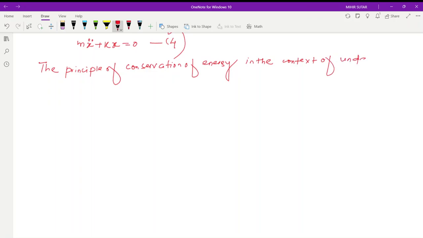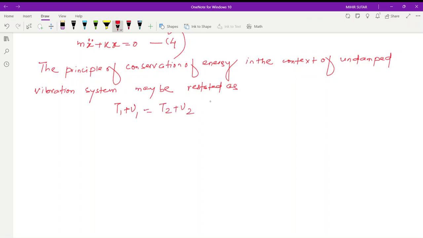The principle of conservation of energy in the context of undamped vibration system may be restated as T1 plus U1 is equal to T2 plus U2.